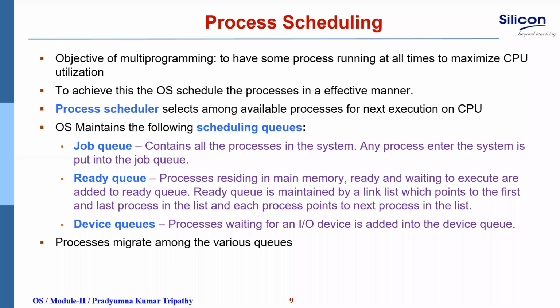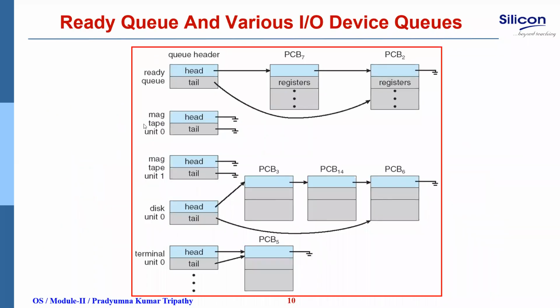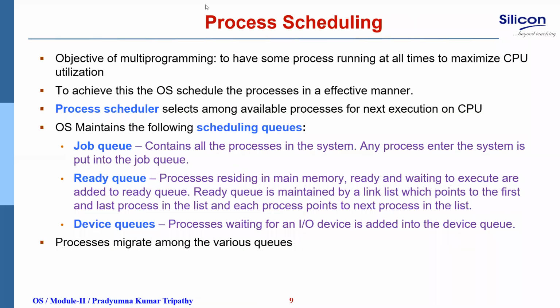Any process that enters the system is put into the job queue, whether it is ready for execution or not. Any process that comes will be put in the job queue.